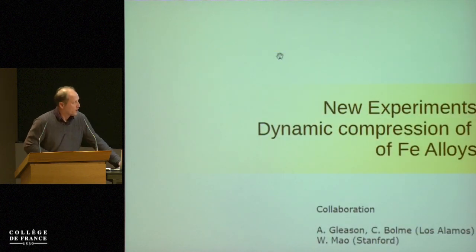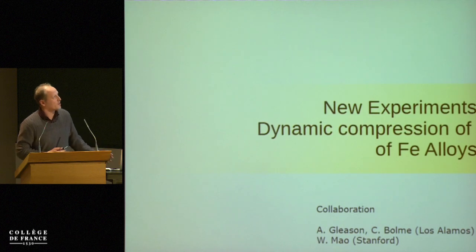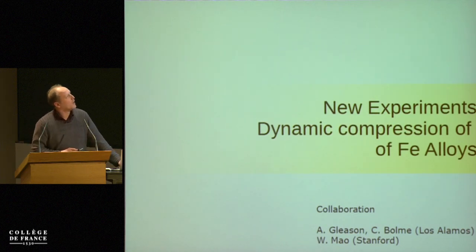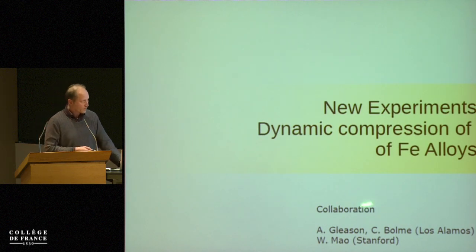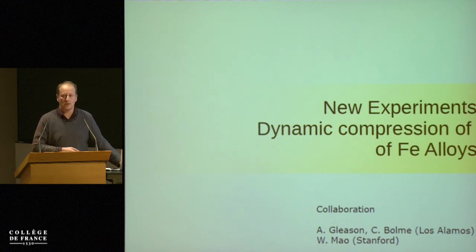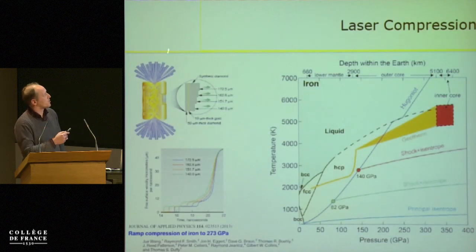Those are new experiments, very new, with no results yet, but I think it's interesting, and there are going to be things coming out in the future, so I wanted to show it to you. We can now do dynamic compression on those HCP alloys. It's work we've been doing with Arianna Gleason, Cindy Bolme, and Wendy Mao. The idea is to drive compression with a high power laser.